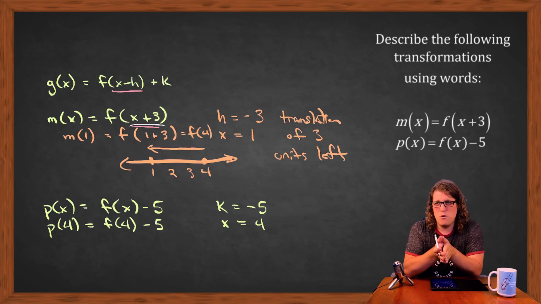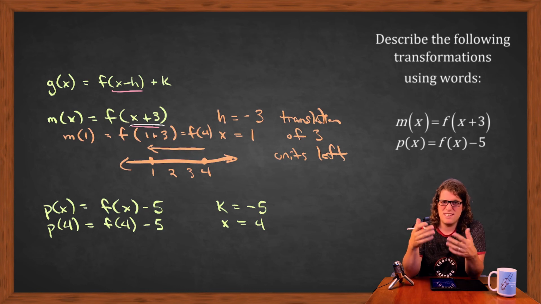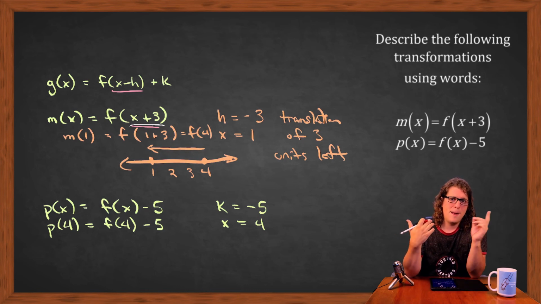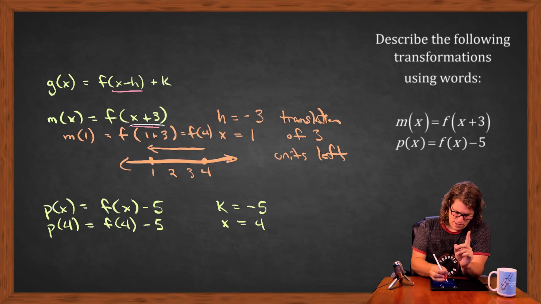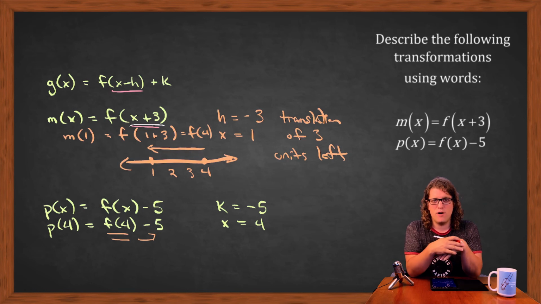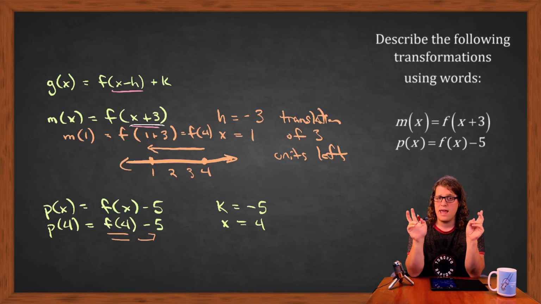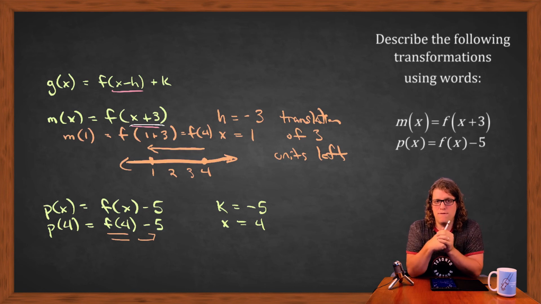So the f at 4 means that we actually evaluate the function at the same spot that it used to be. So, you know, if f at 4 was a 10, then it's still a 10. But after we figure out what that function has a value of, we are then subtracting 5 from it. We're adding or subtracting an additional value onto our answer, or the y value of the function.